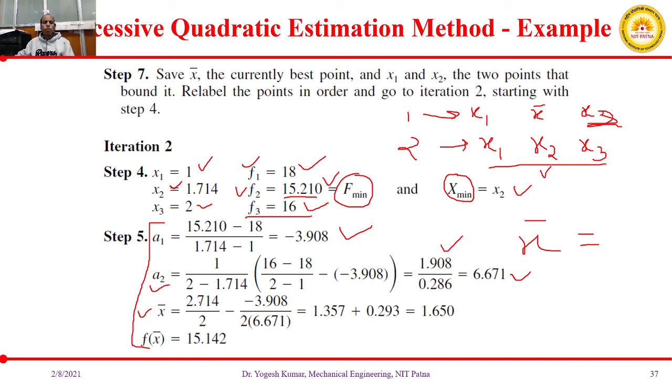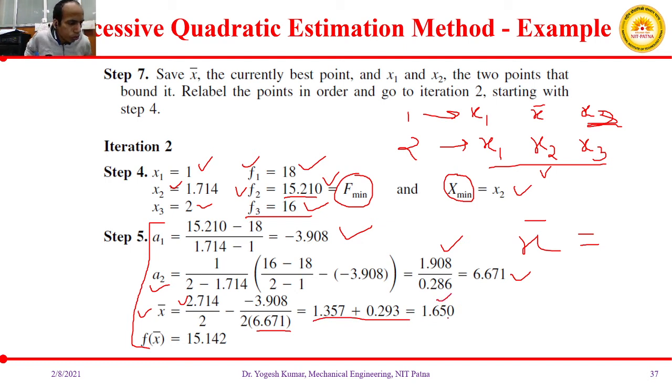Now we can calculate the value of your x bar. x bar will be x2 plus x1, so 1 plus 1.714, which is 2.714, divided by 2, minus a1 upon twice of a2. If you solve this, it will come around 1.65.